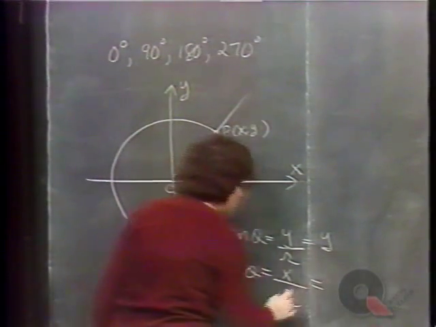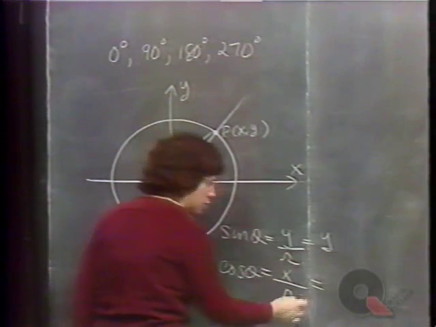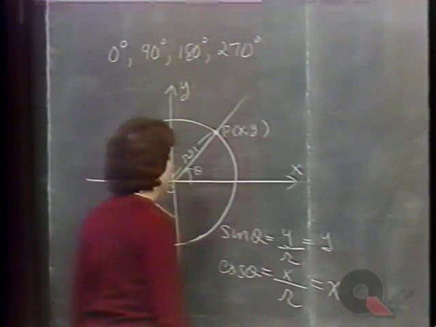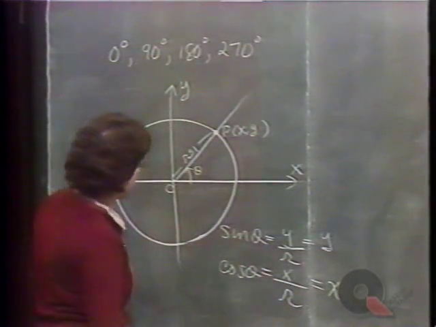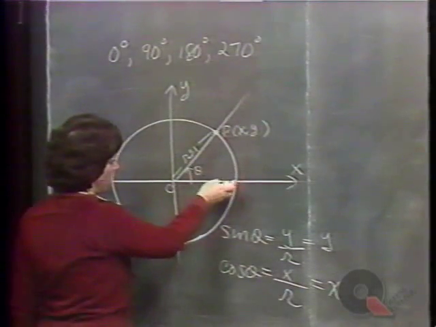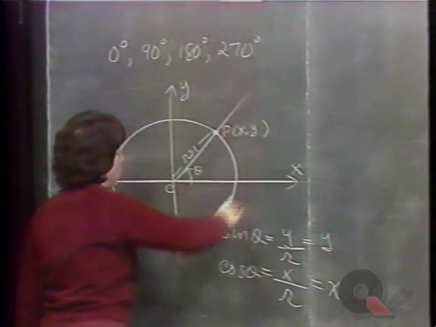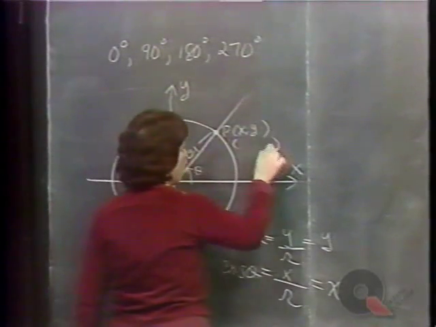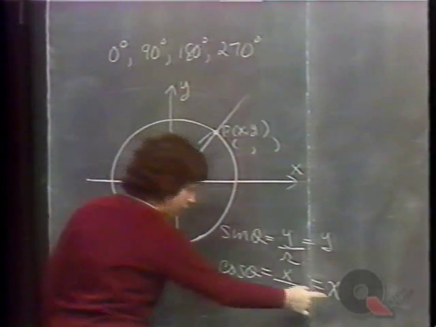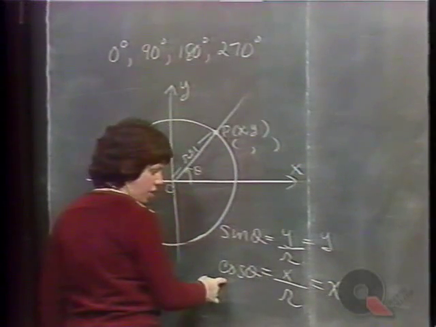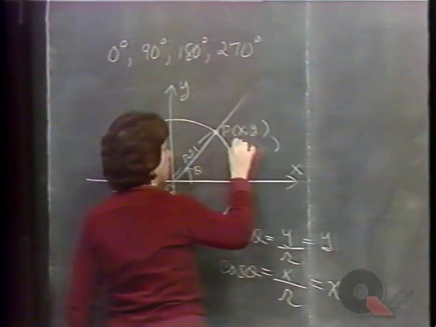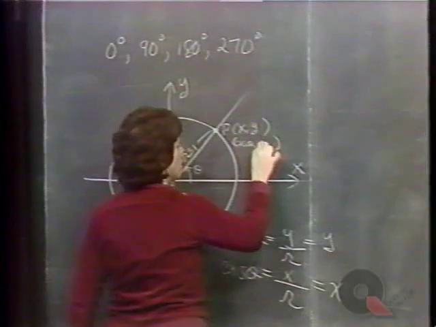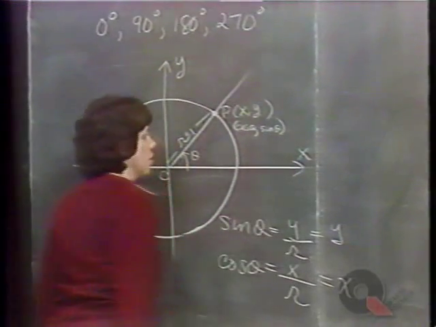Cosine of theta, which is x over r, is x over 1, or just x. Which means that as this point P spins around the circumference of this circle, x comma y could be thought of as cosine theta comma sine theta.